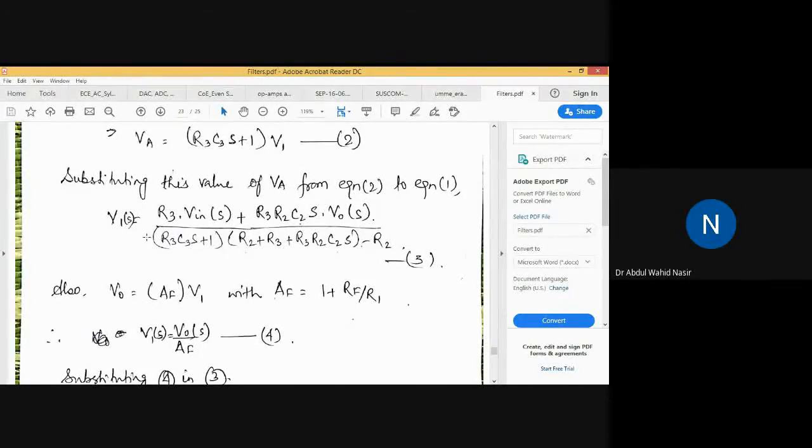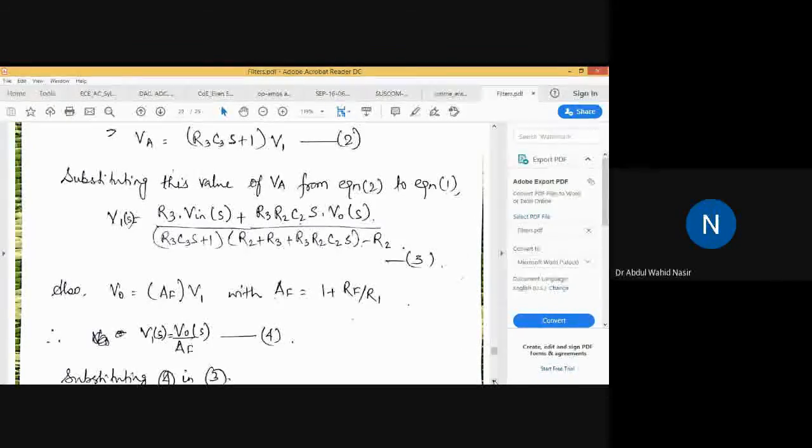V1 is equal to R3 into V in plus R3 into R2 into C2 into S into V naught, divided by R3 into C3 S plus 1 whole multiplied by R2 plus R3 plus R3 R2 C2 S minus R2. This is equation number 3.